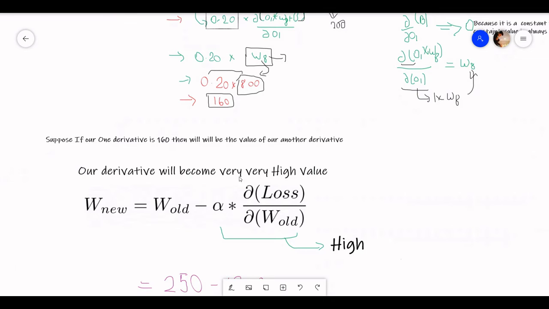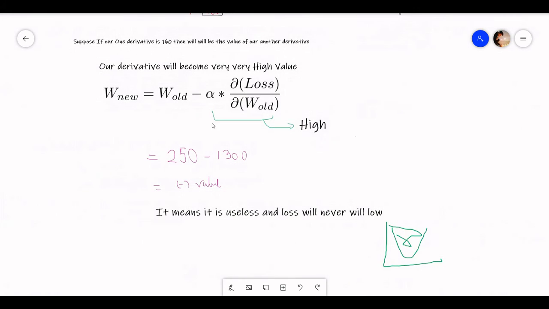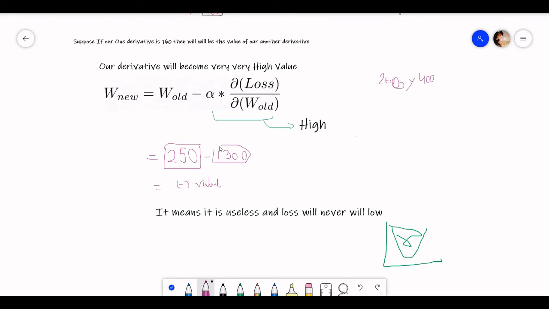Our derivative will become a very high value, because we are multiplying with bigger numbers like 200 multiplied by 400. So when we subtract from our old weight a bigger number, it will be a negative number.